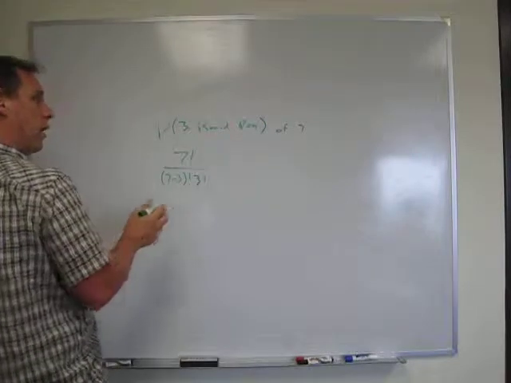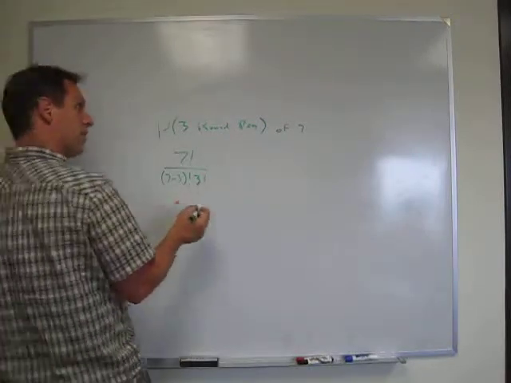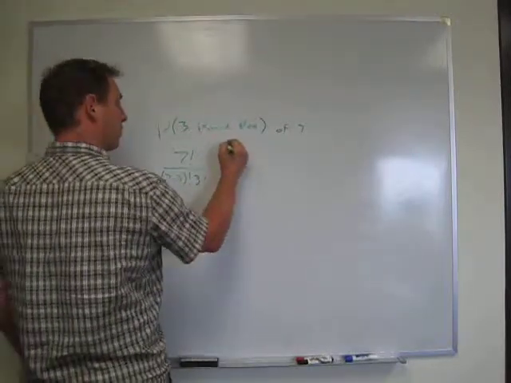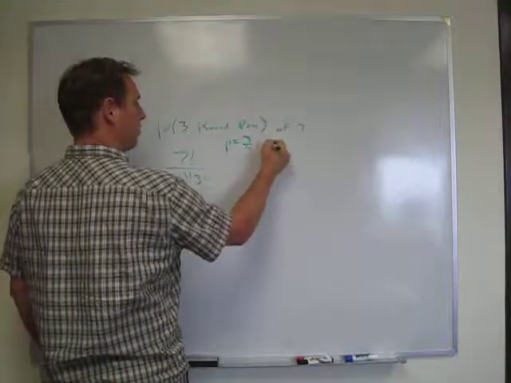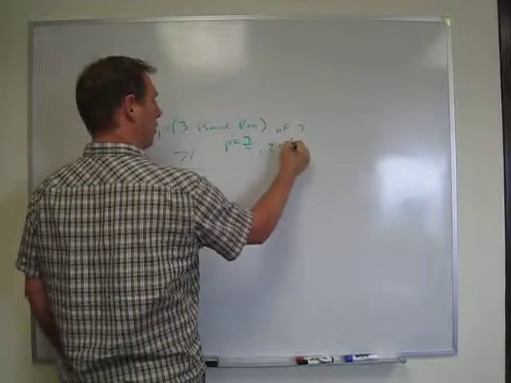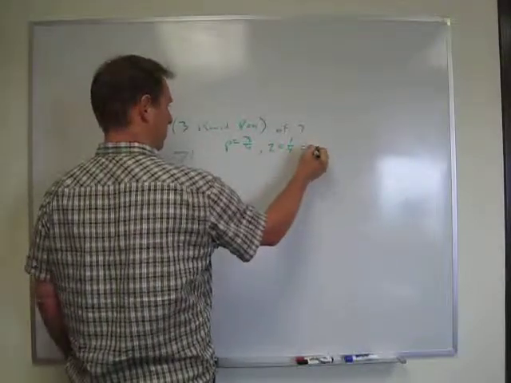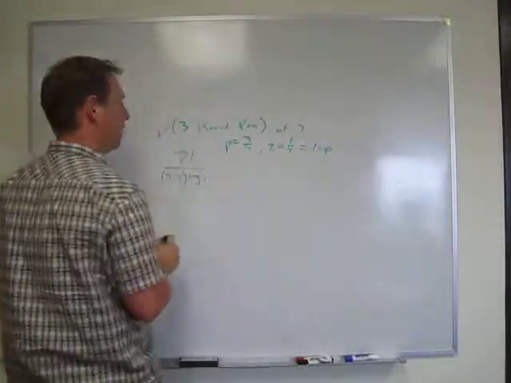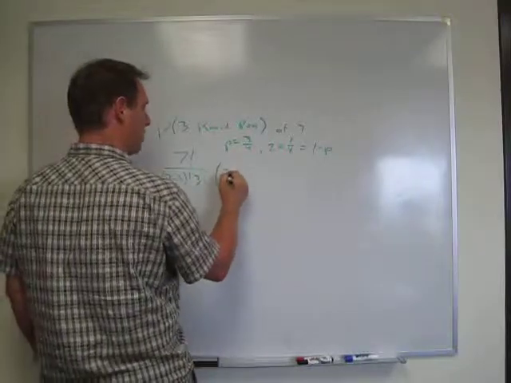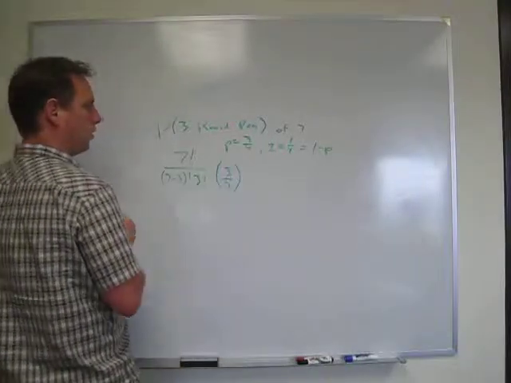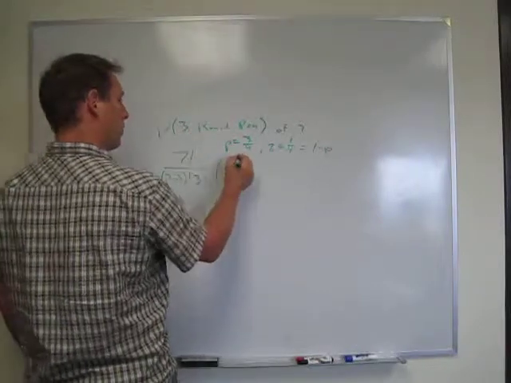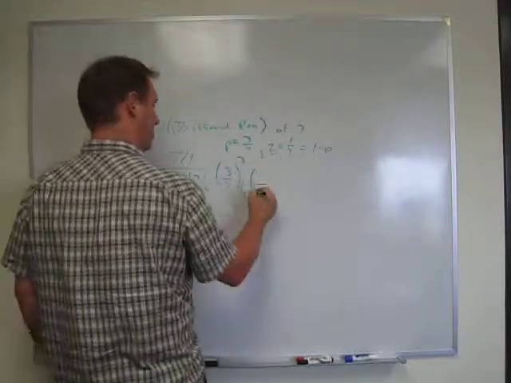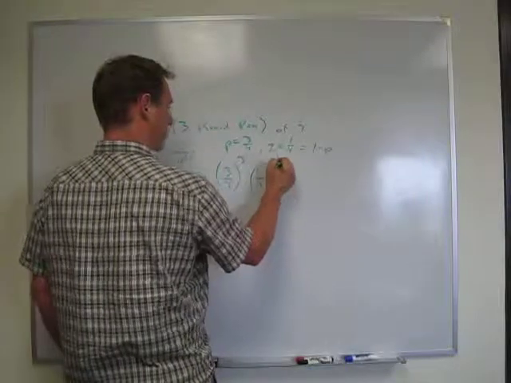But what we've done differently is that now p is different. p is equal to the round p-bearing, which is 3/4, and q is equal to 1/4, which is also equal to 1 minus p. So in this particular case, it's 3/4 to the 3rd power, and 1/4 to the 4th power.